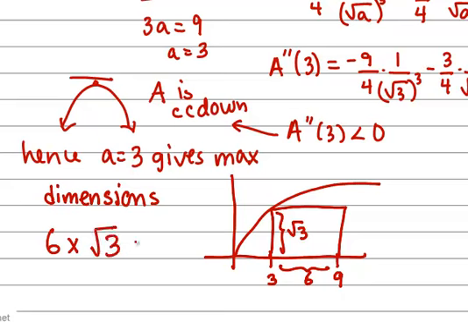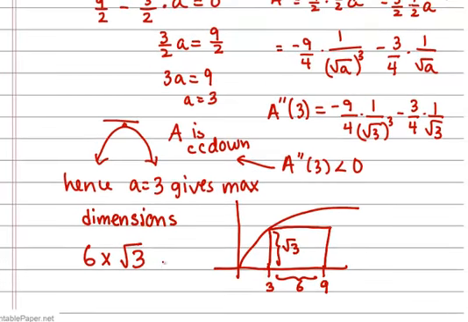So A is the x-coordinate that would give me that max area. And those are the dimensions.